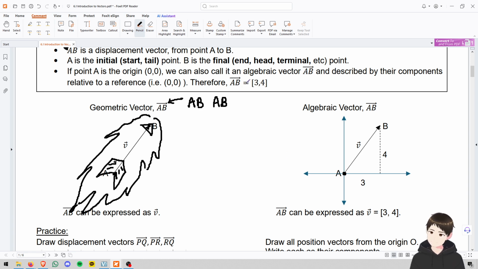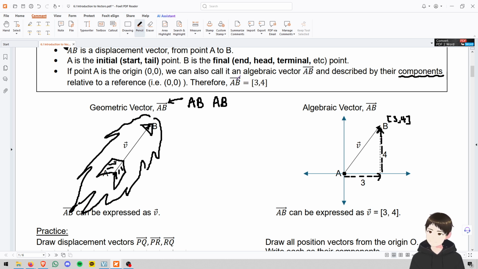So if I say vector AB has a component of 3, 4, just like how you would write an ordered pair of x, y, the components describe how far in the horizontal direction we move, plus how far in the vertical direction we move, to create a vector of 3, 4. Okay, it's pretty self-explanatory, or intuitive rather, so don't think too hard about it.